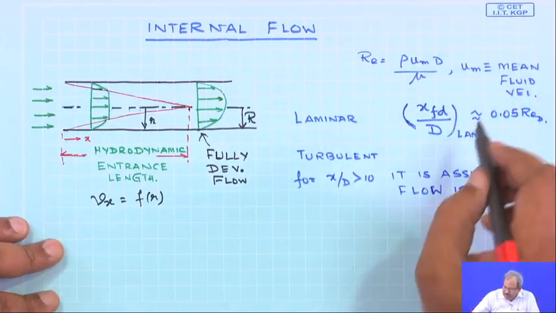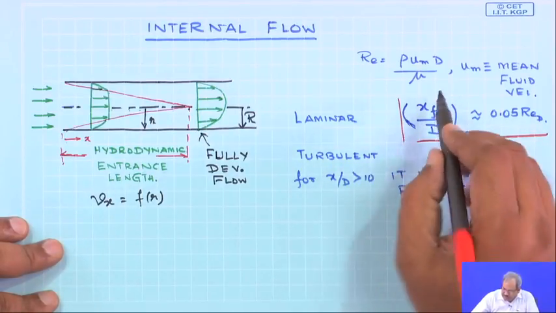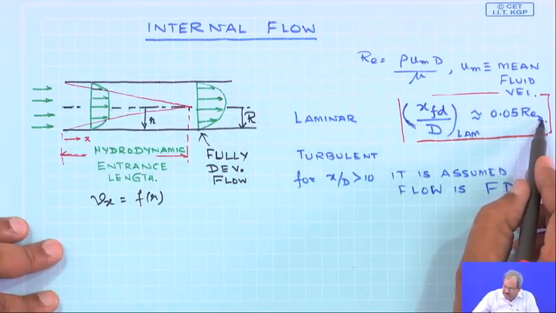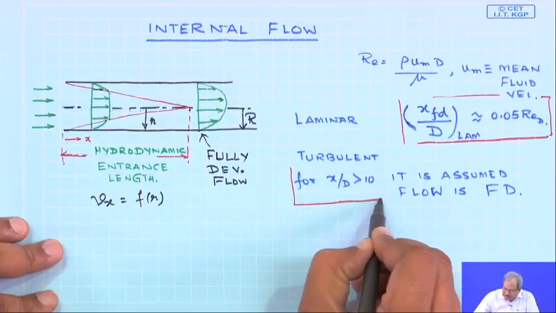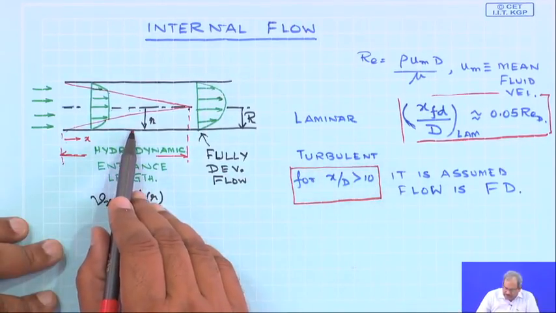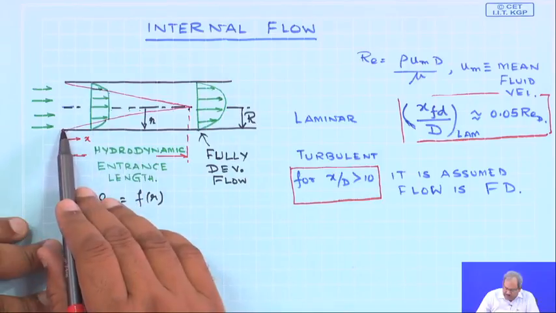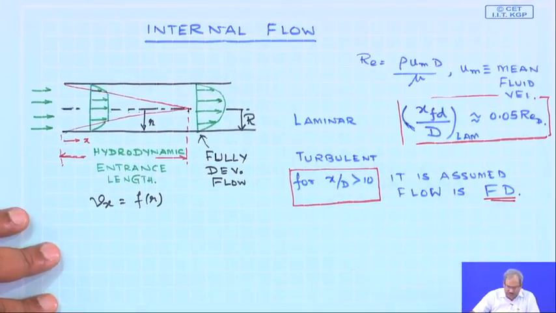So, the two relations generally used are, for laminar, x_FD by d is 0.05 Reynolds number, and for turbulent, if x is 10 times the diameter from the entrance, the flow is assumed to be fully developed.